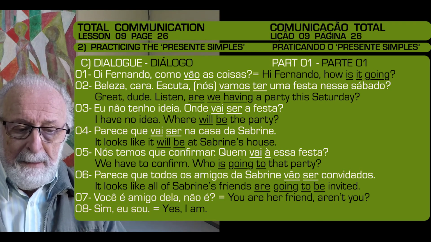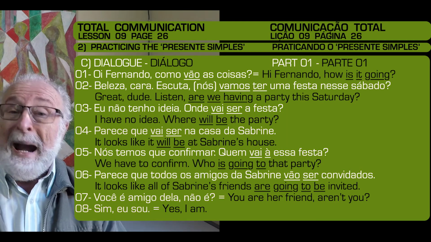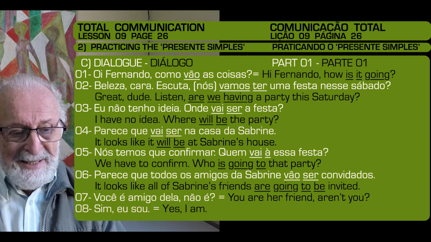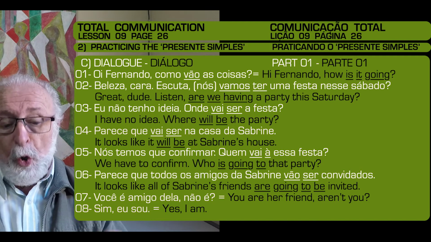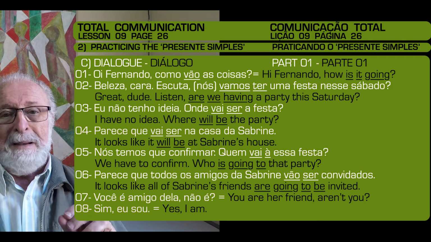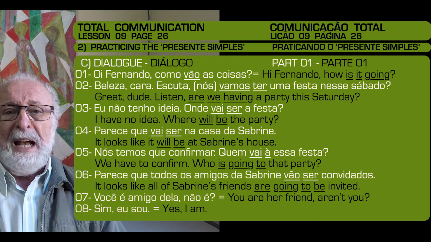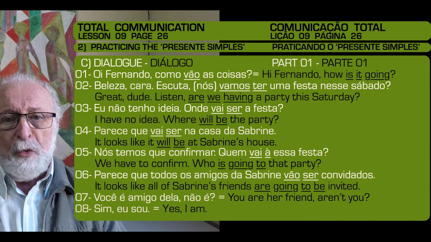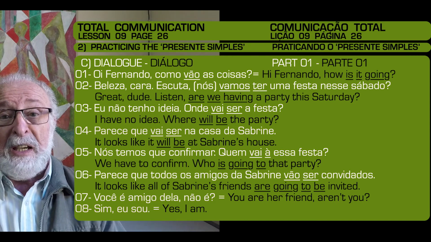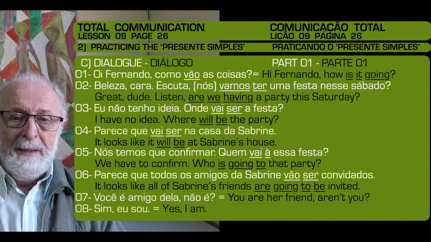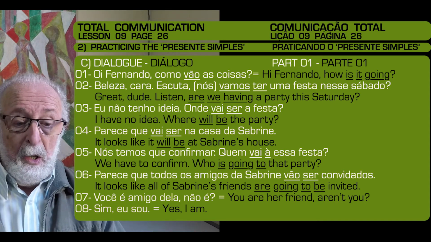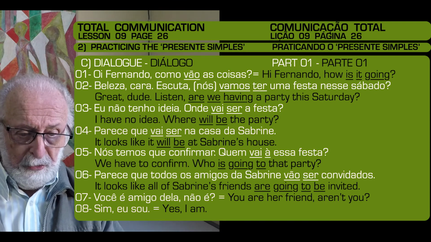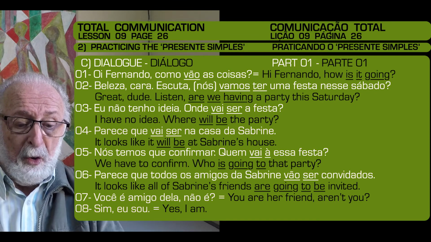Okay? Line 6. Parece, again, it looks like. Parece que todos os amigos da Sabrine vão ser convidados. So we have the translation. It looks like, parece, all of, todos, all of Sabrine's friends, todos os amigos da Sabrine.